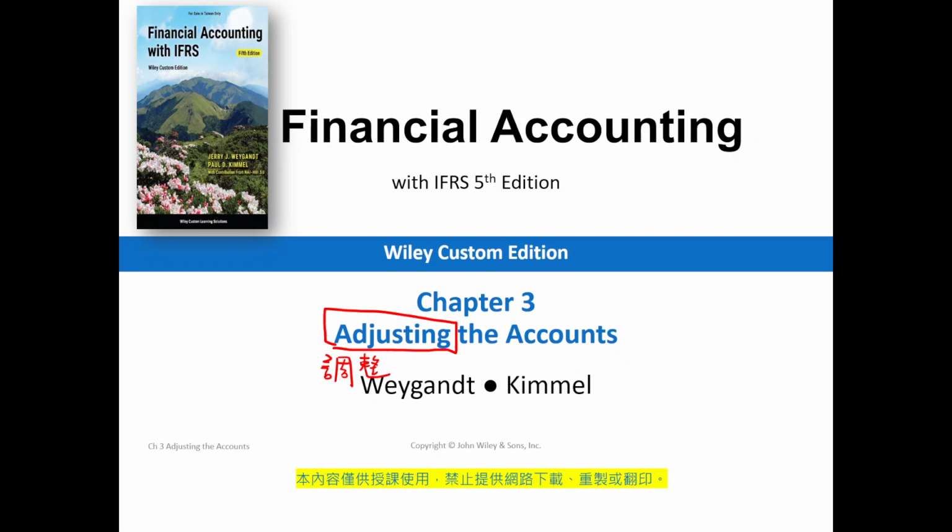Which day is today for chapter 3? The last day. So in chapter 3, we talk about the last day, the end of the accounting period. 期末 The end of the accounting period.